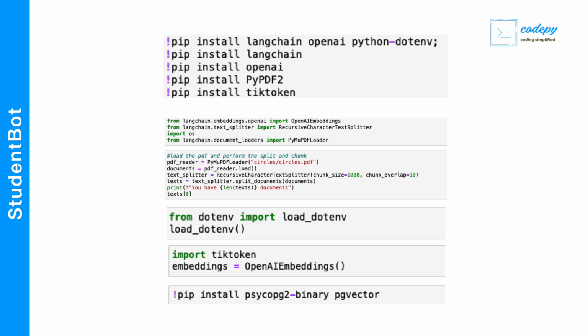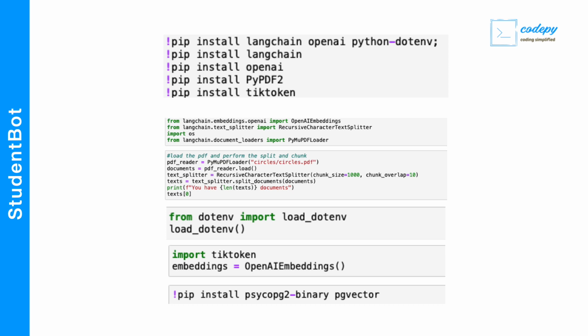So now if you see, the PDF reader is PyMuPDFLoader; circles is the folder, and circles.pdf is nothing but the lesson or one of the chapters we are loading here. Then the document is loaded by the PDF reader. For the text splitter, RecursiveCharacterTextSplitter, we define a chunk size, which is how many characters are to be part of each segment we break down from the entire document.